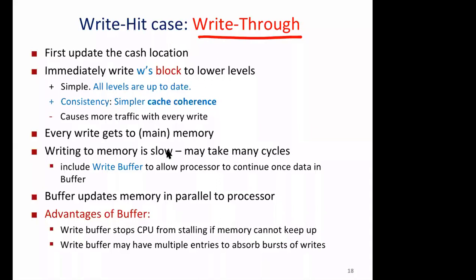Something that is being written and is there in the caches, just write it to all levels simultaneously. The advantage is that all levels are up to date and there is cache coherence. It means that all levels have the same data value corresponding to a memory location.